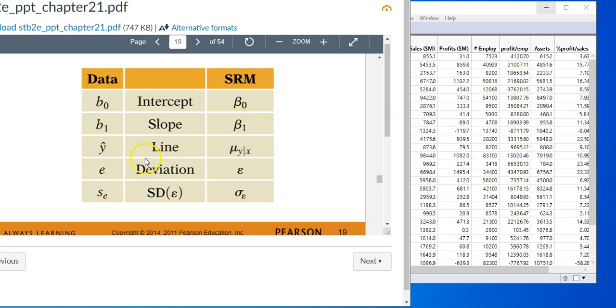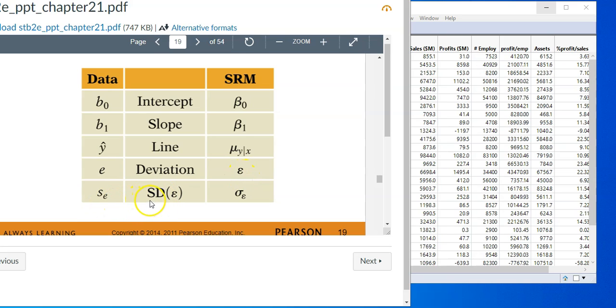The regression line is y hat, but in the regression model it is an estimation, so we show it with the mean or mu of y for a given value of x. Deviations or errors are shown by e. In the simple regression model, errors are shown using epsilon.